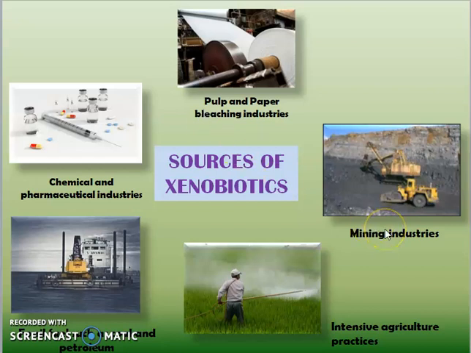Mining industries release heavy metals into the biogeochemical cycle. Fossil fuels such as coal and petroleum may be accidentally released in large amounts into the ecosystem, that is, oil spills. Intensive agricultural practices release massive amounts of fertilizers, pesticides and herbicides into the environment.